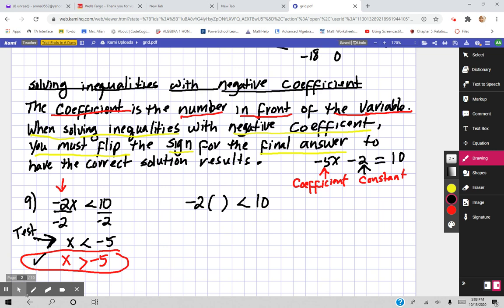So they're saying that x is less than -5, okay? So that means -6 should be okay. -6 should be a solution according to this inequality. -7, -8, -9. According to this, these should be all true solutions. But let's see when we check it out. Let me move this over.